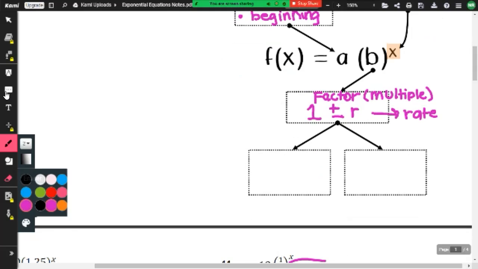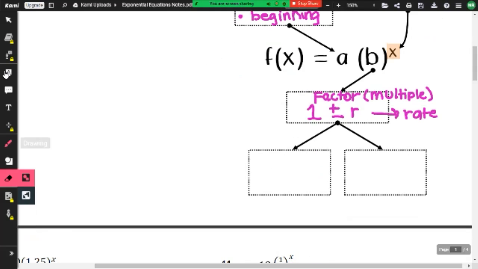But that rate, think about it in terms of money. You hear things like interest rate, even though it doesn't really matter to you very much, but rate is always written in a percent form, okay? Rate, it's the speed that you're increasing or decreasing. I guess we could write that down.